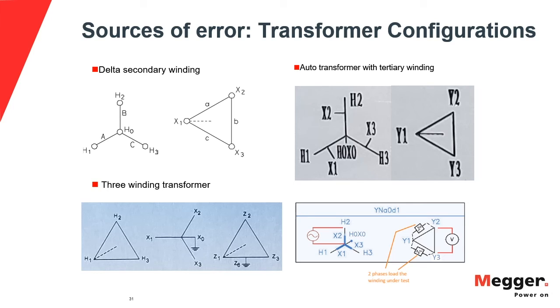Again, modern units will help me a lot in that regard, both with the calculations and with applying the proper technique depending on the transformer I'm testing in any particular situation.